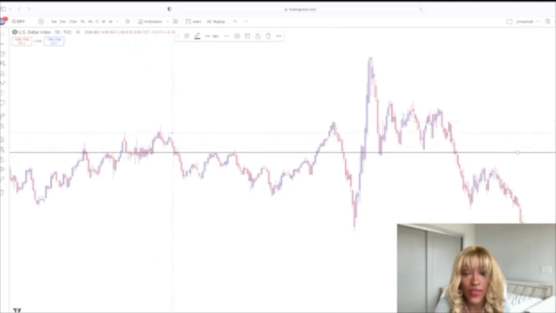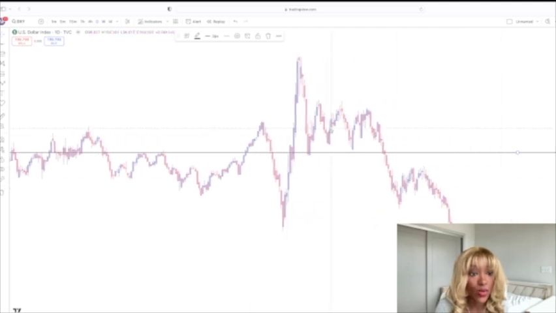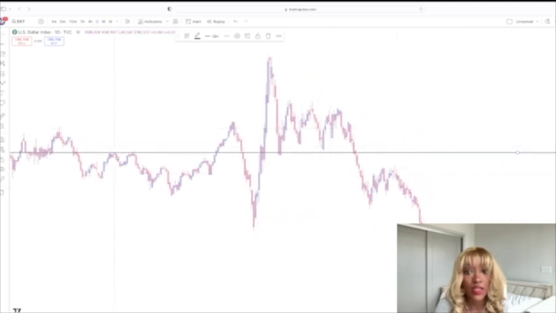So we had a few fake outs right here, immediately came back below it, had another fake out with a deeper pullback, and then finally broke. So it turned into support for maybe a few months, and then after that it immediately went back down. So that lets me know that this is a highly respected resistance area.